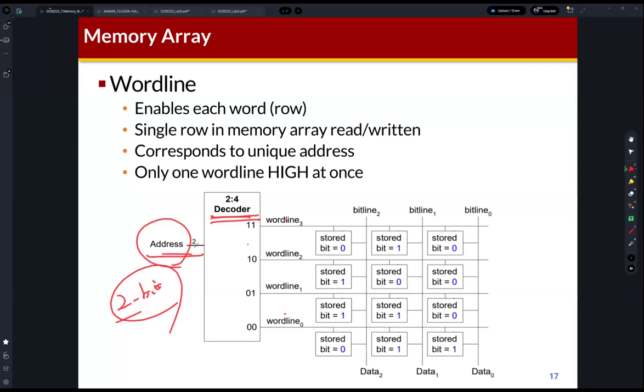Memory cells are connected to the word line horizontally, so this word line can control multiple memory cells. In this example, in a single word line, 3 memory cells are connected. So using this word line, we can control these 3 connected memory cells.